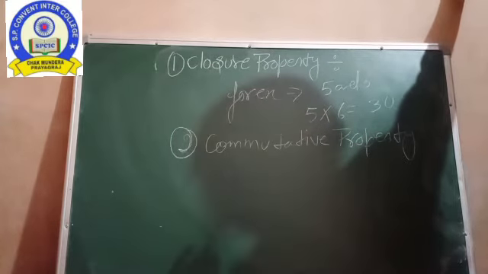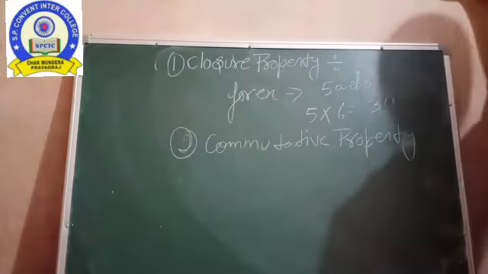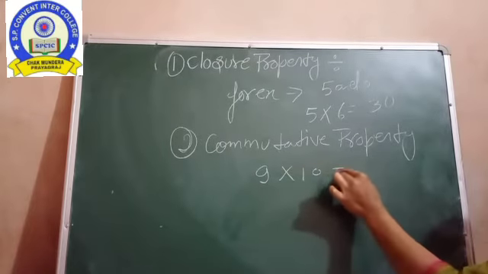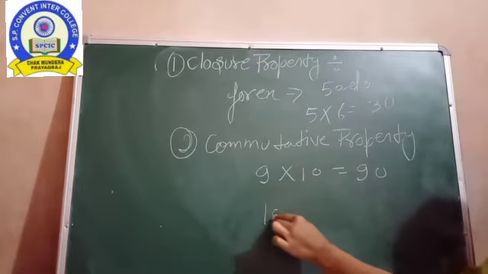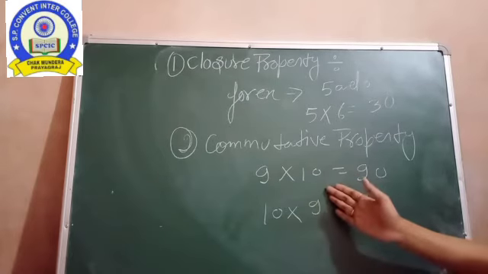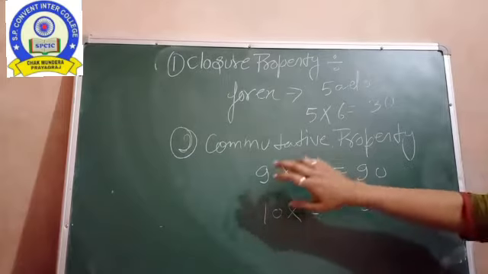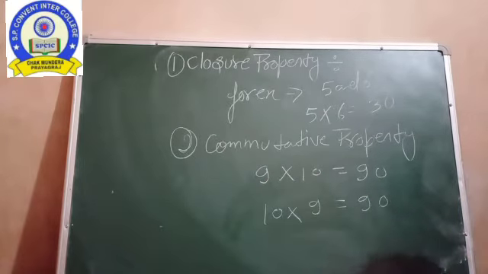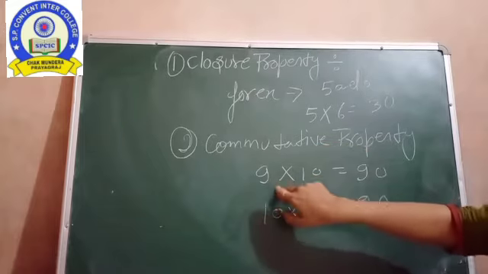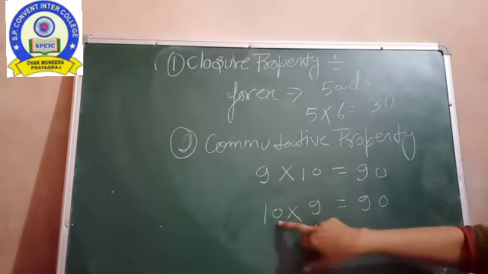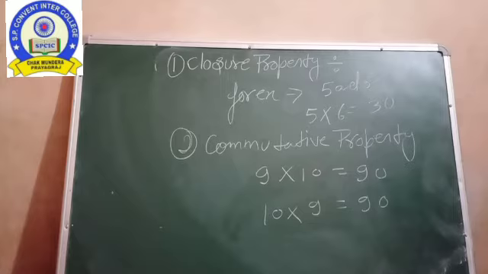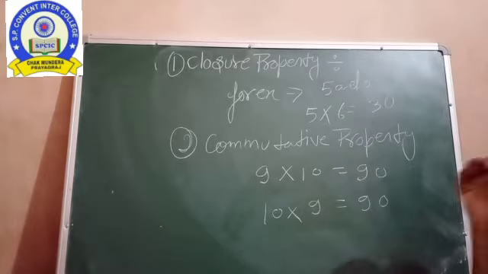Order does not matter in multiplication of integers. It means, for example, 9 into 10 equal to 90 and 10 into 9 equal to 90. It means order does not matter. 9 here, 10 here, or 10 here and 9. So whether you keep 9 here and 10 there, or 10 here and 9 there, the value will be the same, 90. Hence integers are commutative under multiplication.